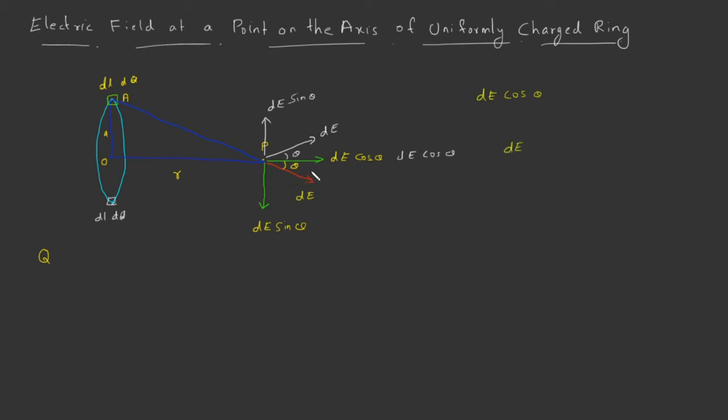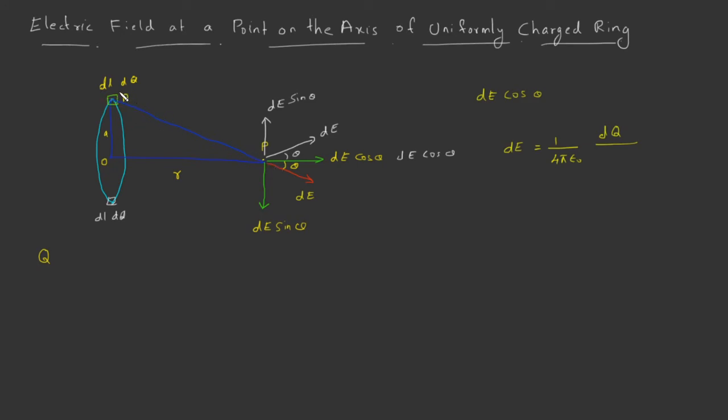So what is dE? dE is the magnitude of this electric field at point P due to this small charge dq, which is equal to 1 by 4 pi epsilon 0 into the point charge dq divided by the distance squared.